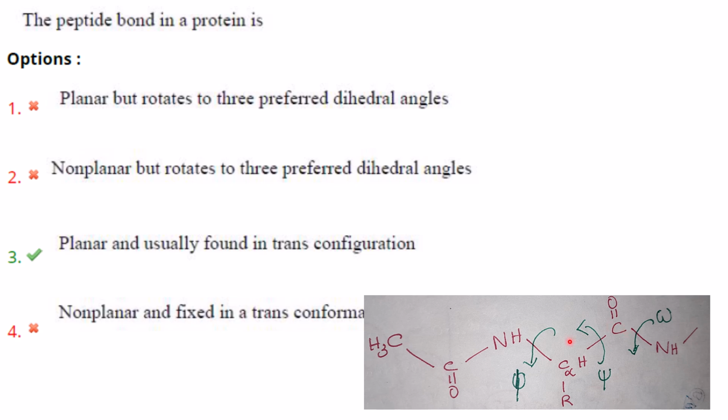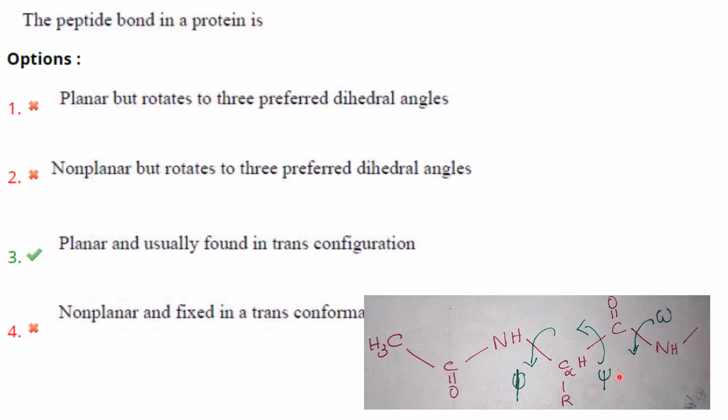That is, the R group of one amino acid will be on top here, on this side, not down. So the R groups are on opposite sides. That is why the peptide bond has a trans configuration, and it minimizes the steric hindrance caused by the bulky R groups of amino acids.